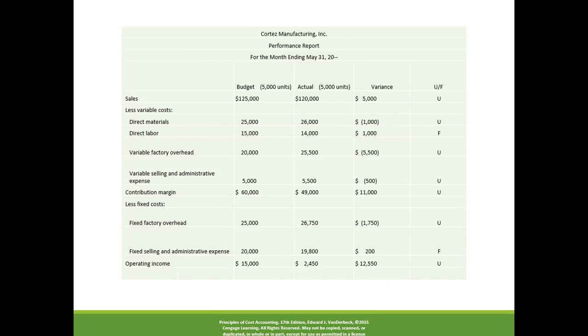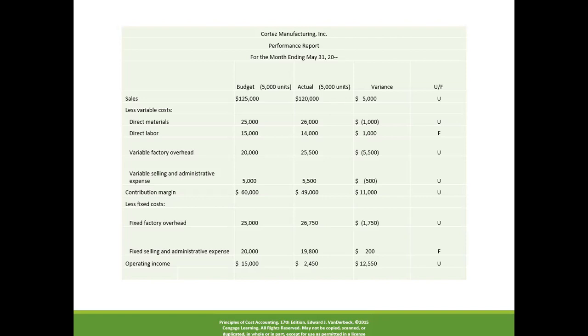Is it because we paid more for the materials than what we budgeted? Or is it a quantity variance? In other words, we used more materials than what we budgeted for that number of units. We can drill down on that and investigate it.